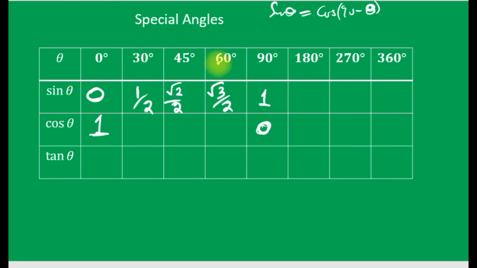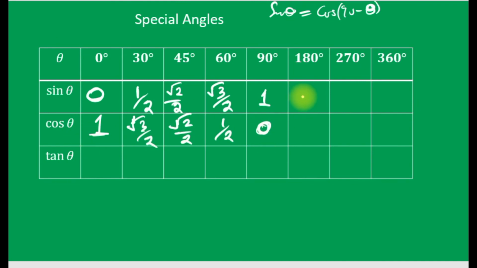So 30 and 60 are also related, meaning we switch values. This is now root 3 over 2, and this is half. Here 45, they are the same, so 90 minus 45 is the same as 45. So do you see how I fill in the others, that's from 0 to 90?